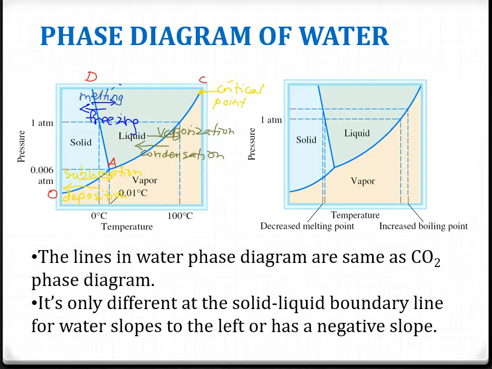So this is boiling point, which is at 100 degrees Celsius, and this is melting point, which is at 0 degrees Celsius.